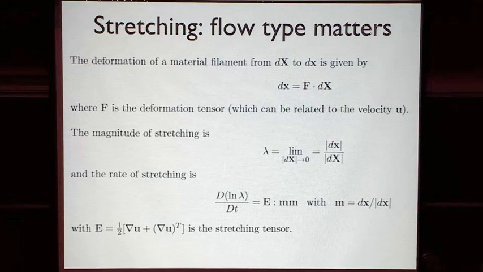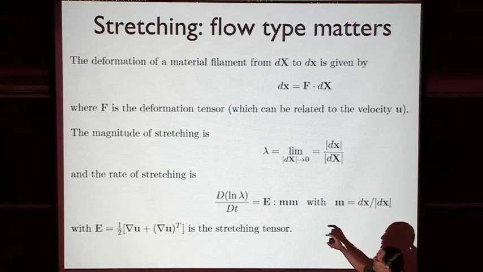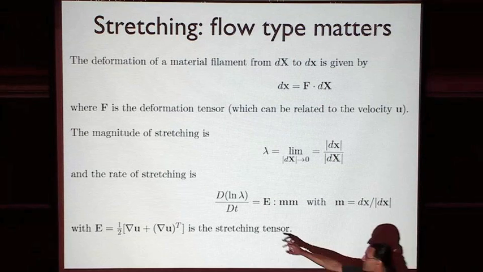Jackie the other day said that deriving equations of state is super boring. Deriving this expression right here turns out to be almost as boring. So I'm not going to show you the details because it's not too easy, actually. But it turns out that the rate at which the logarithm of the length changes with respect to time in a moving reference frame, capital D with respect to capital D t, is a derivative in a moving reference frame, as Bruce Buffett defined it last time.